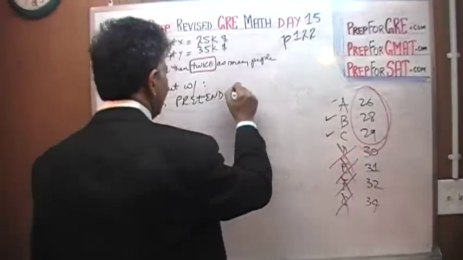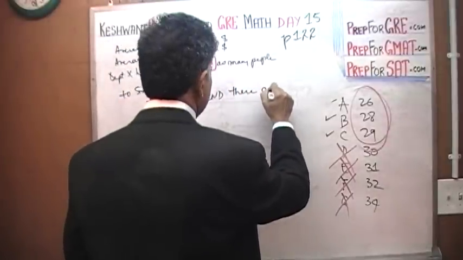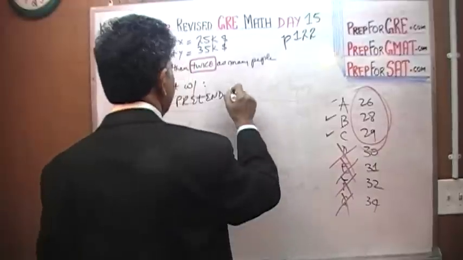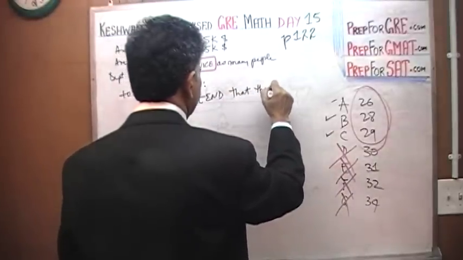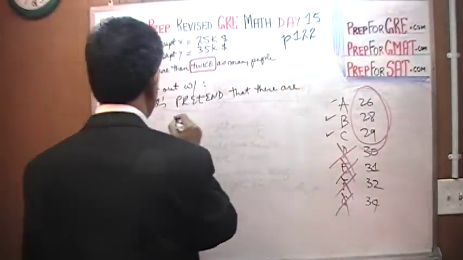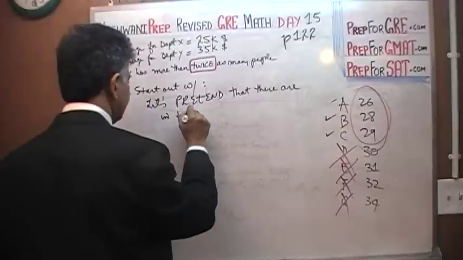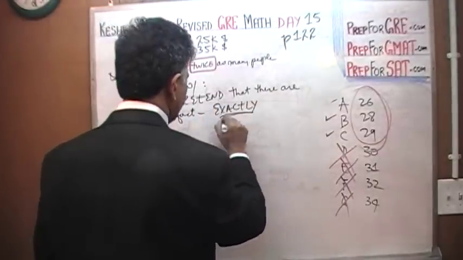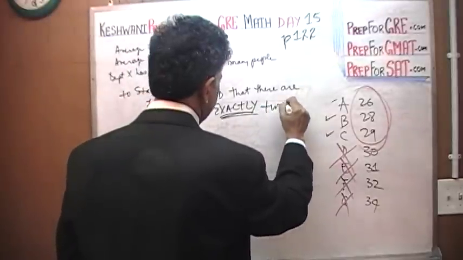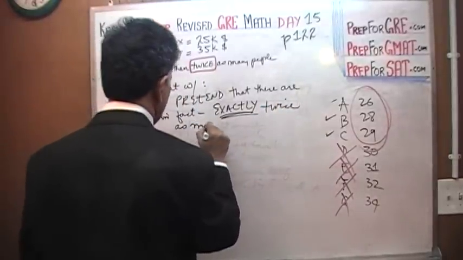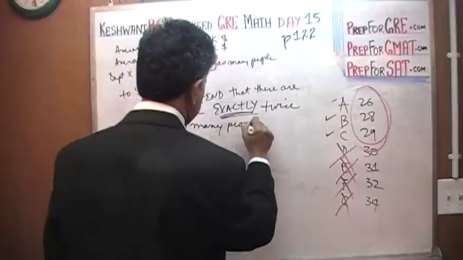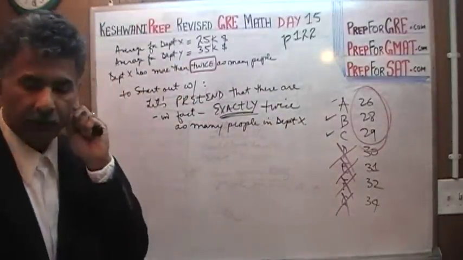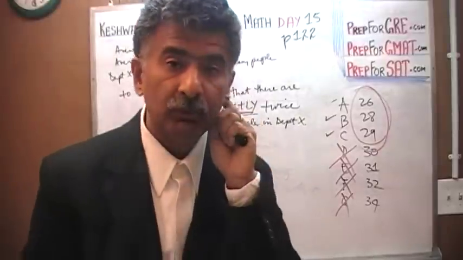Let's pretend that there are, in fact, exactly twice as many people in Department X. And let's find out in that case what would have been the average.